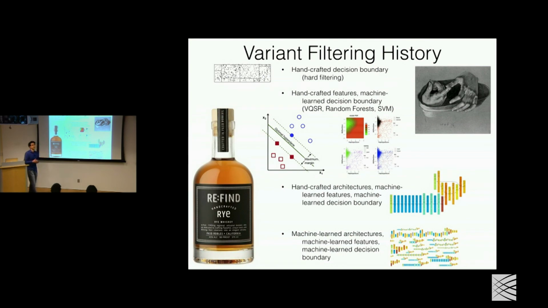What's the signal? And so in that way, it's sort of more open, more to learn, rather than just figuring out where to draw the line. And this, of course, foreshadows a day of machine-learned architectures over machine-learned features for machine-learned decision boundaries, at which point we can all retire.